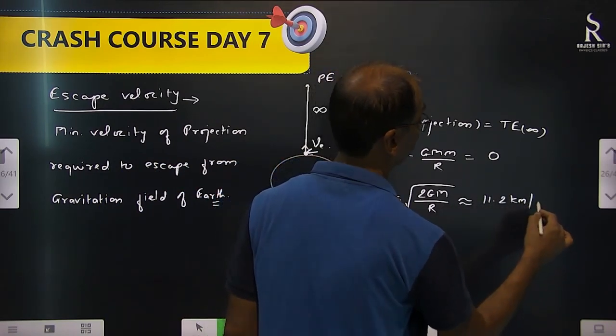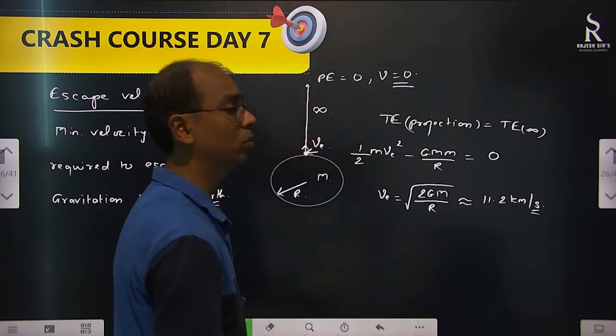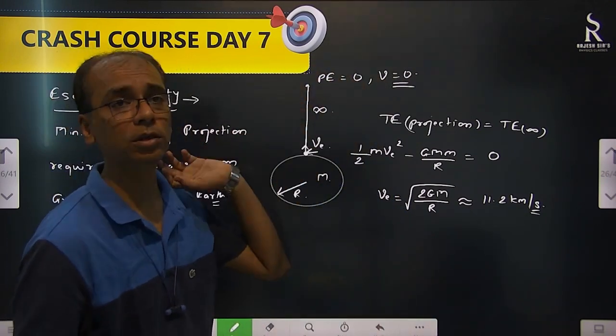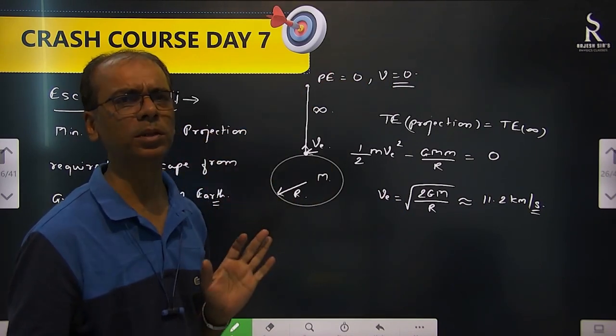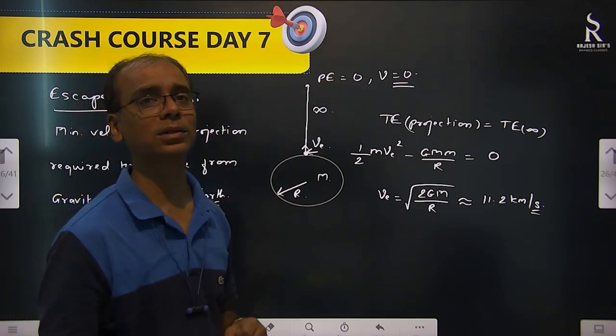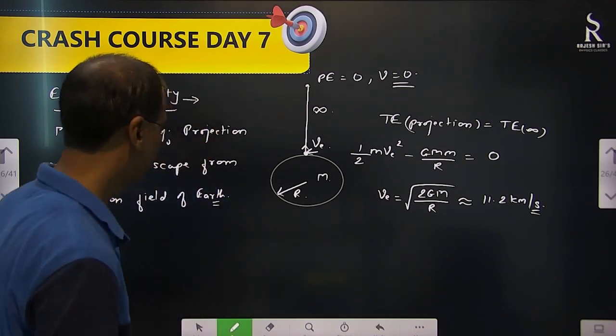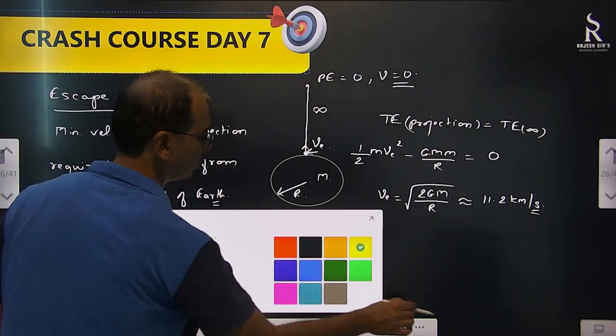This is escape velocity, but if you are projecting it with more than this velocity, then the velocity at infinity will not be 0. It will be something else. Some velocity will be there, and that velocity is called interstellar velocity. I am just giving you the information.